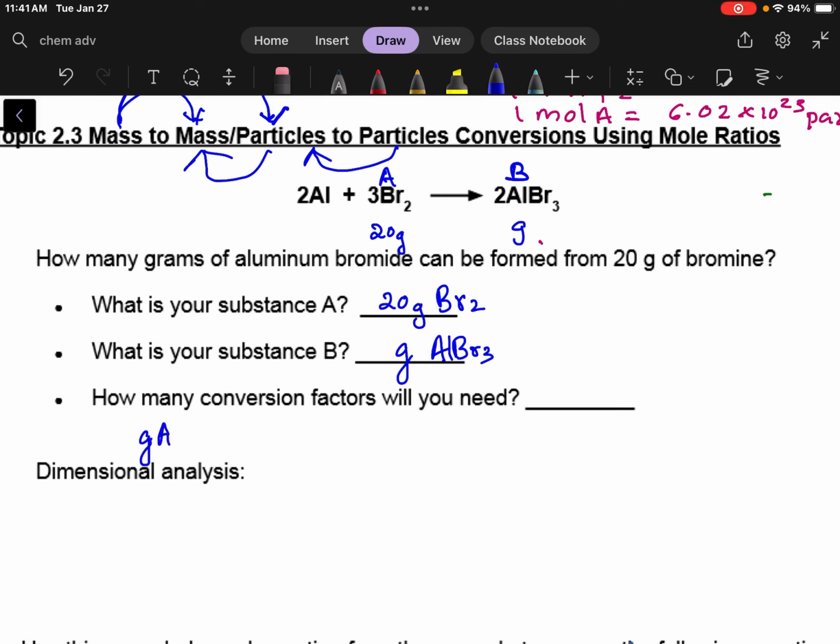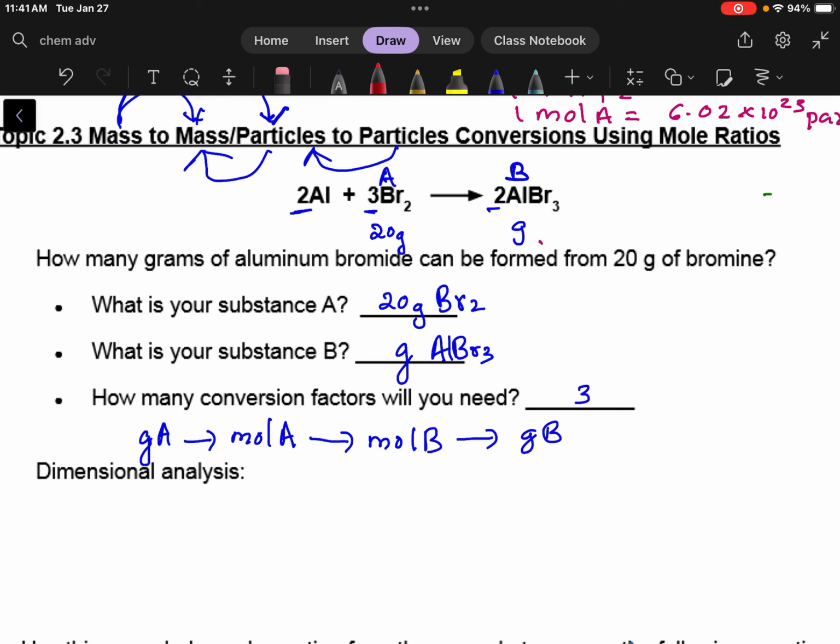We cannot do direct conversion from gram to gram, always moles, because the mole ratio is the only one given in the equation. So you will convert grams of A into moles of A using the molar mass. Then you will convert moles of A into moles of B. Then you will convert moles of B into grams of B. That's 3 conversions needed.